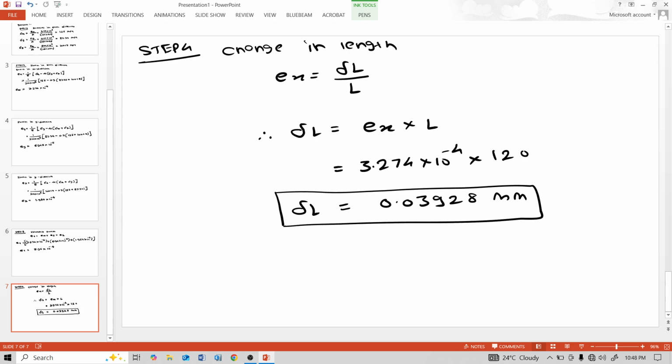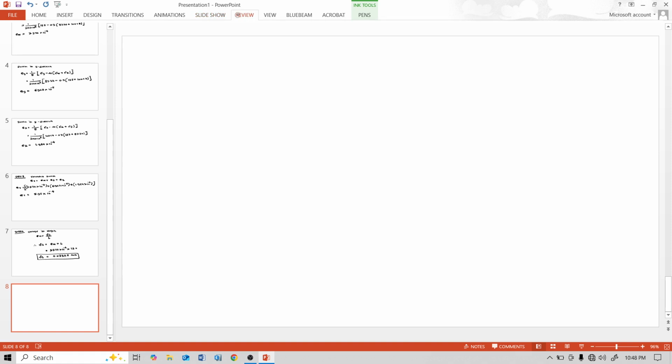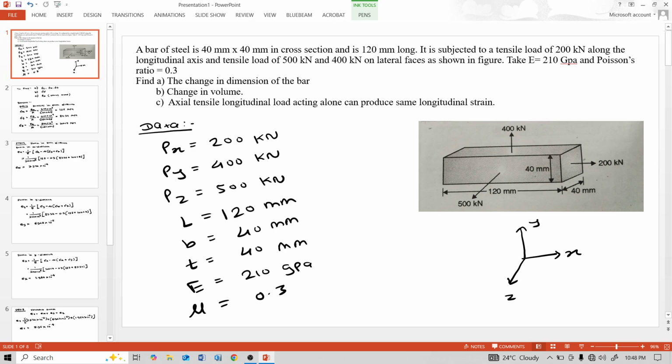Next, calculation of change in breadth, or change in width. For calculation of change in width, same, Ez is equal to, so this is width 40 mm. Use formula strain in z direction.